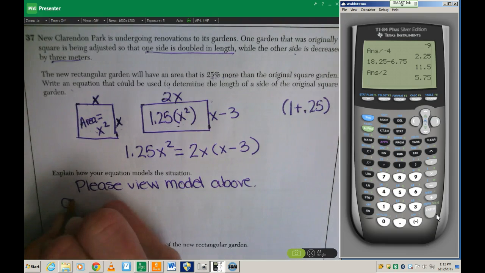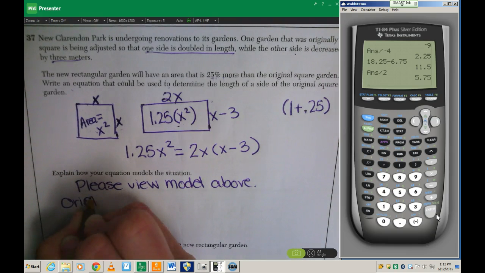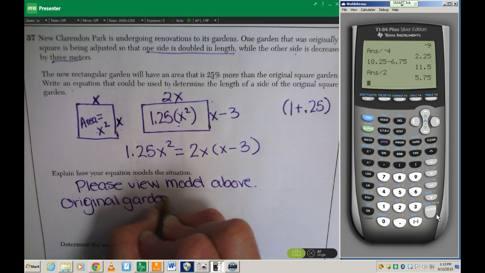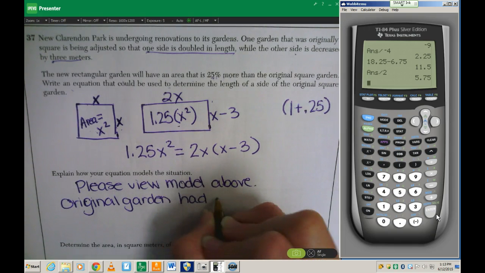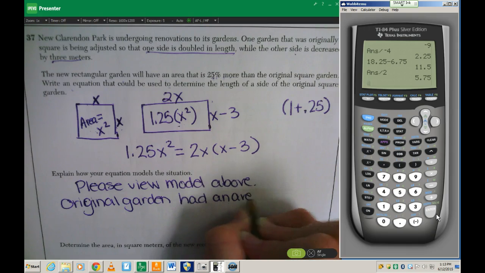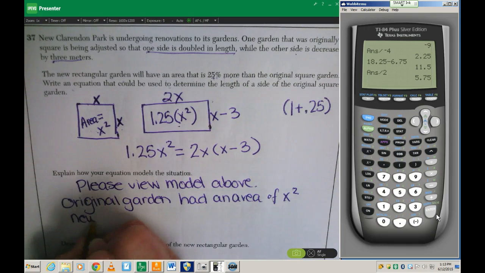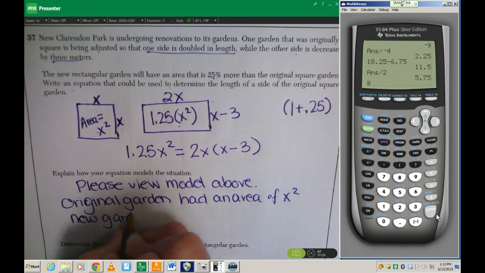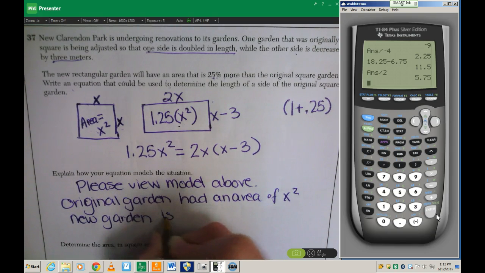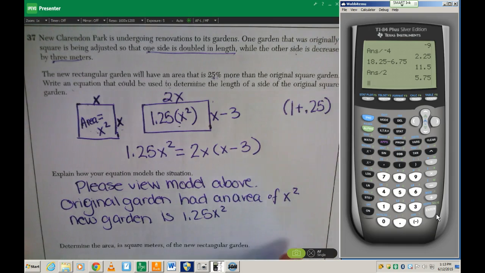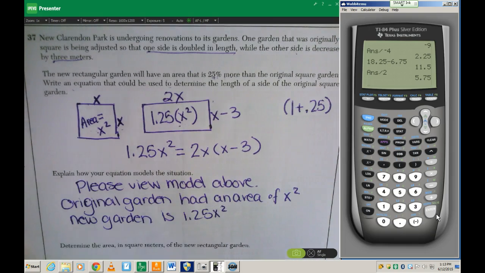And then you can write: original garden had an area of x squared. New garden is 1.25x squared. And you can leave it like that. That's enough because we did a great job with our models.